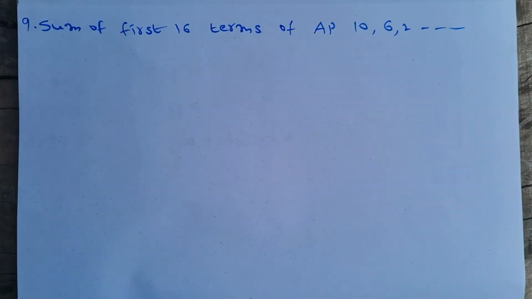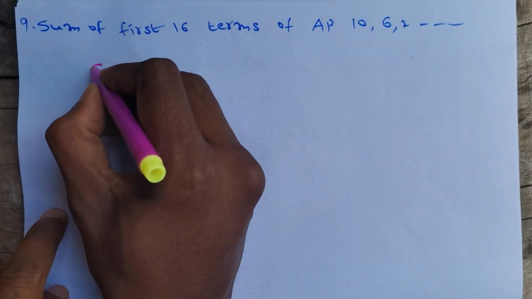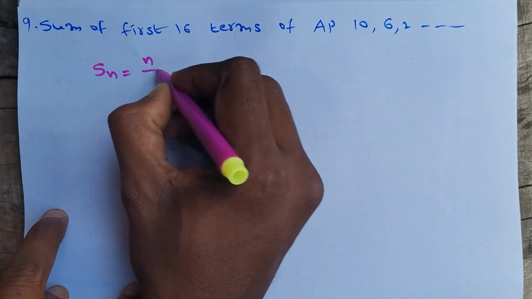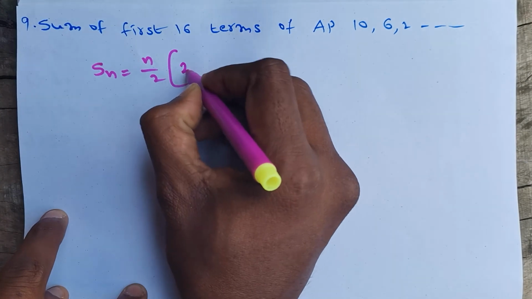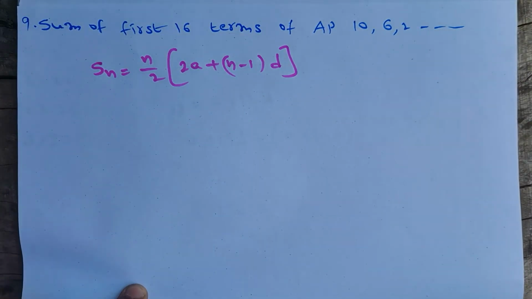Okay, question number 9. Sum of the first 16 terms of an AP: 10, 6, 2 and so on. The sum of the first n terms formula: Sn is equal to n by 2 into (2a plus (n minus 1) into d).